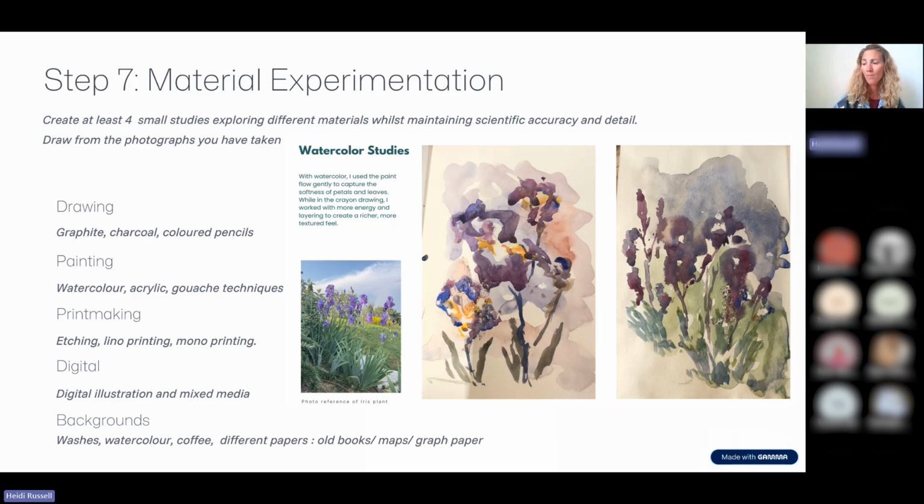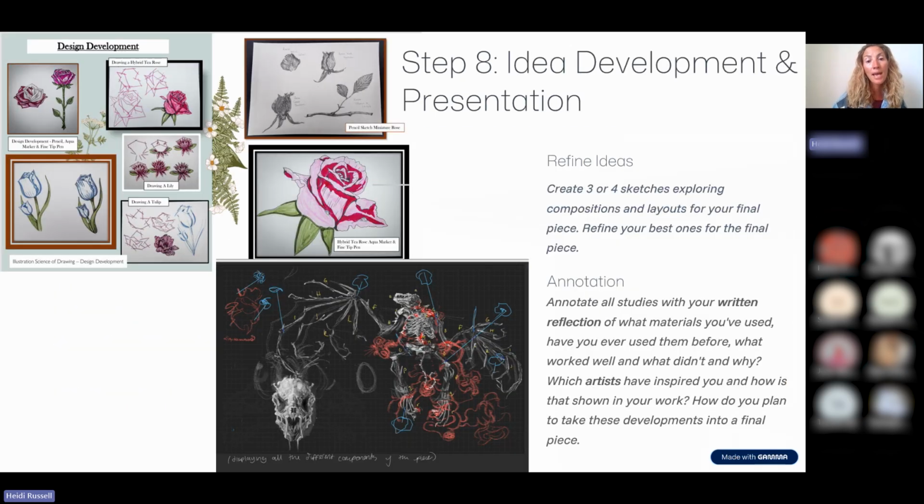Be really experimental and play around. You can use coffee as a wash, just like I mentioned before with Leonardo da Vinci. You might want to use that as a watercolor wash, and as I said, different papers. Be really experimental. Create about another 4 small studies, A5. That would be great. Step 8.